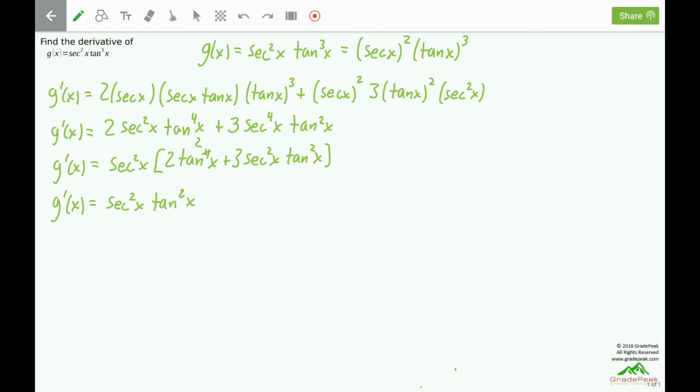That'll leave 2. And for the second one, we'll be taking out all of them. So that should be what we have left over when we do that. And so we will have 2 tangent squared of x plus 3 secant squared of x. And there's the factored version of our derivative, g prime of x.